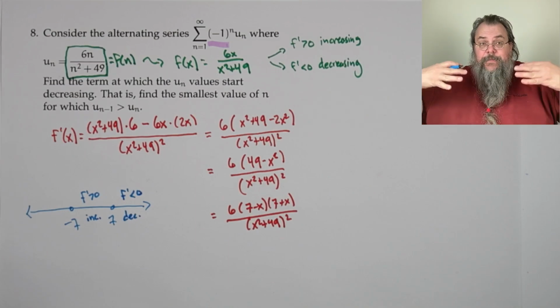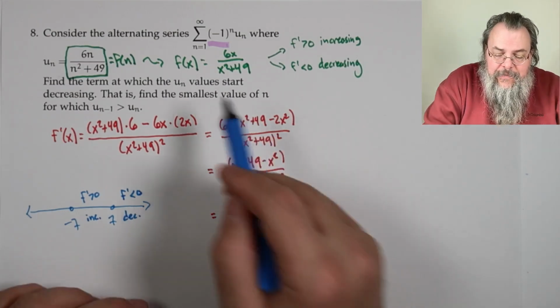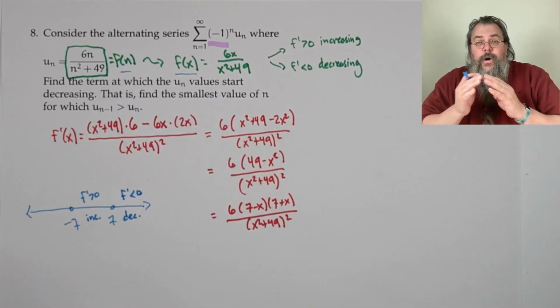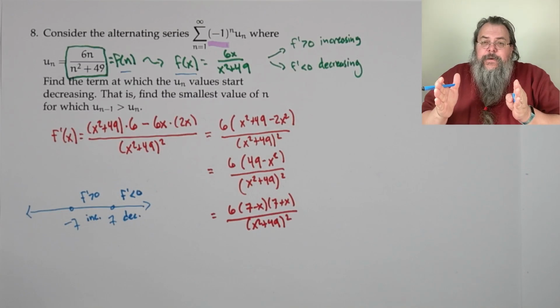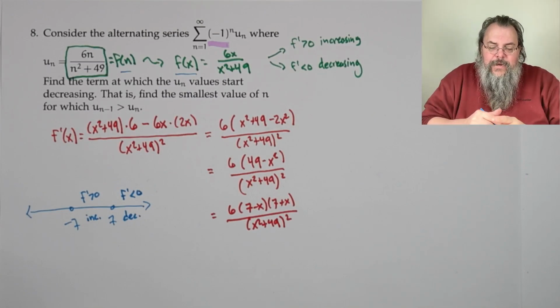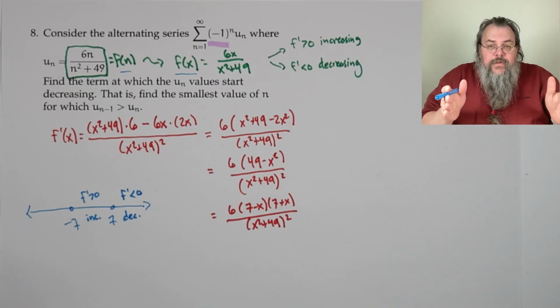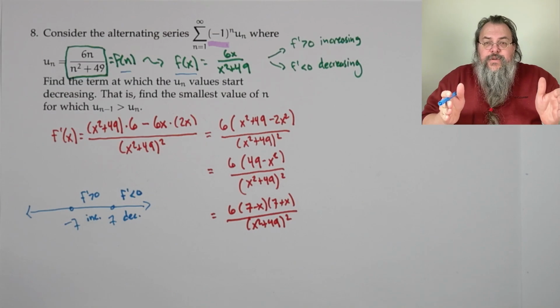Now, that's f as a continuous function, but when we think about f of x versus f of n, the main difference is what do we look at? f of x says we look at everything. f of n says we sample. And so if we're increasing, then we're increasing as we sample, and if we're decreasing, we're decreasing as we sample.